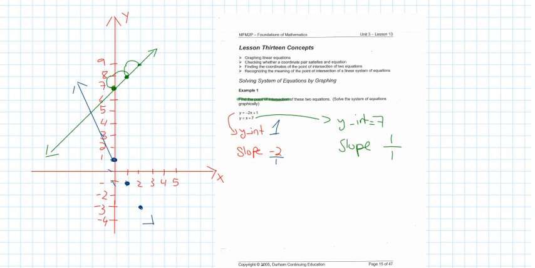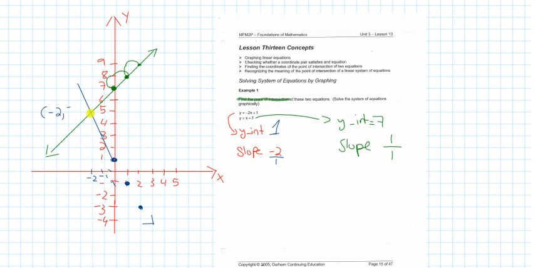They're intersecting right here, yeah? What is that point right here? So it's -2, 5. So that point of intersection is -2, 5.